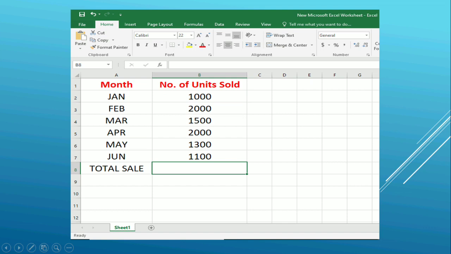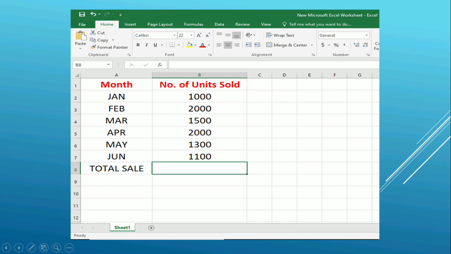Where are we going to find out the total sale? We will find out the total sale in the cell B8. Look at the cell B8. It is already selected in the figure. In B8, we need to find out the total number of units sold from January to June.